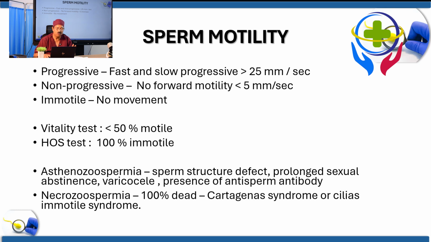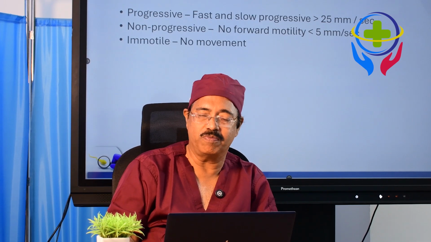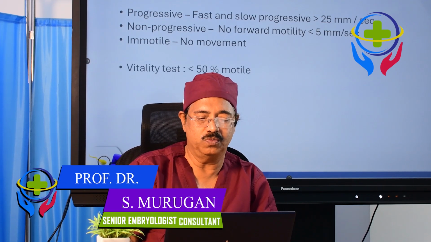Progressive motility includes fast and slow progressive motile sperm, which move at more than 25 micrometers per second, and in non-progressive motility the sperm move at less than 5 micrometers per second, but there is no forward progression, they move in circles or sideways. And in immotile sperm, there is no movement, but it is not actually dead. The sperms are live sperms, but they are unable to move.